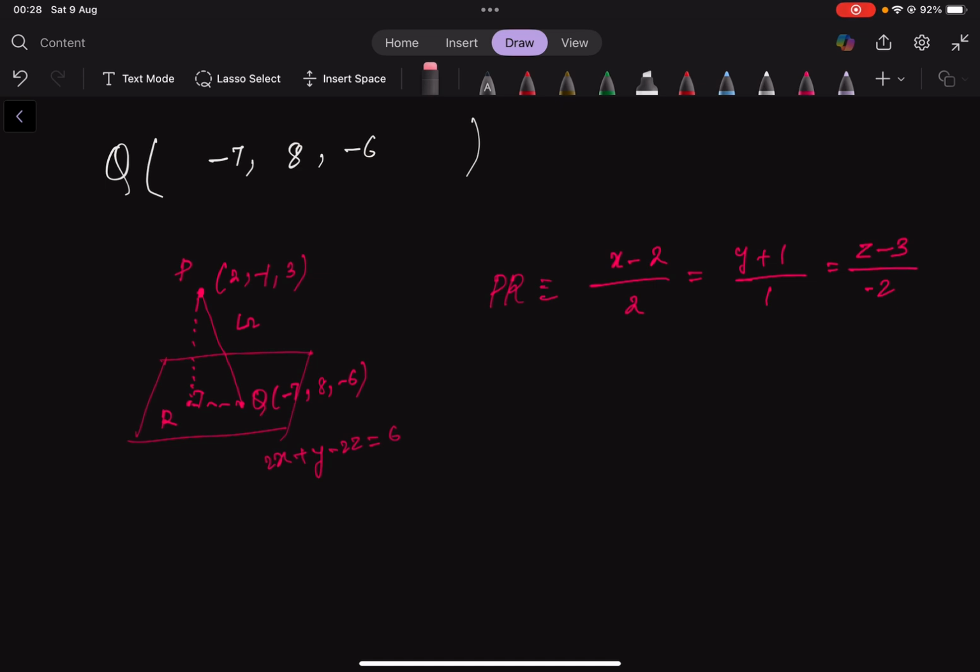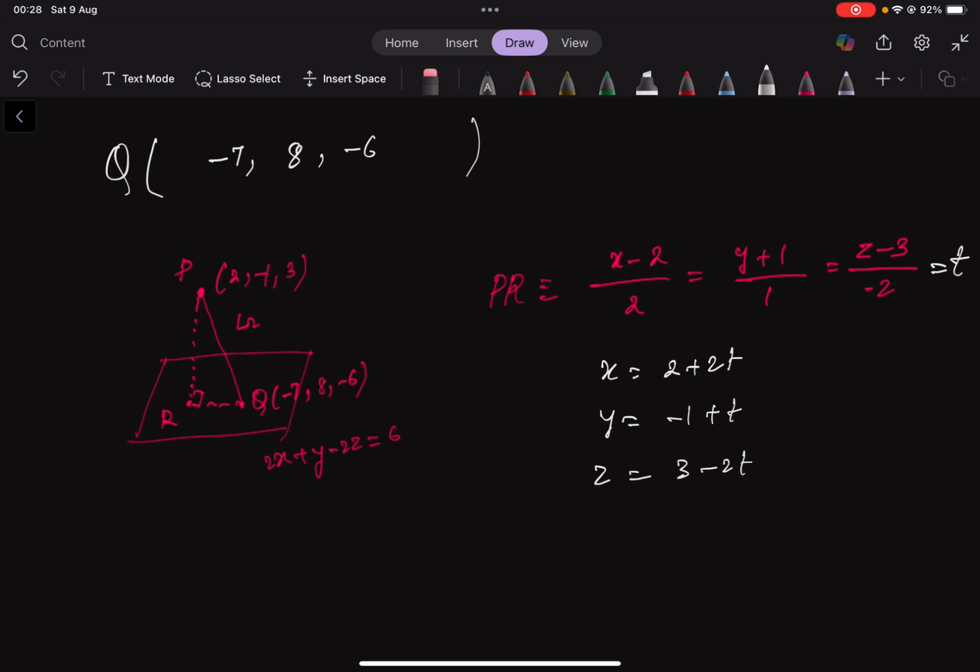Now R is on this plane 2x plus y minus 2z is equal to 6. So if we equate the line to some t, x is 2 plus 2t, y is minus 1 plus t, and z is 3 minus 2t. This is any parametric point on this particular line PR.